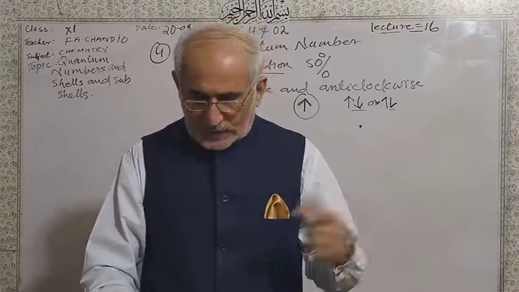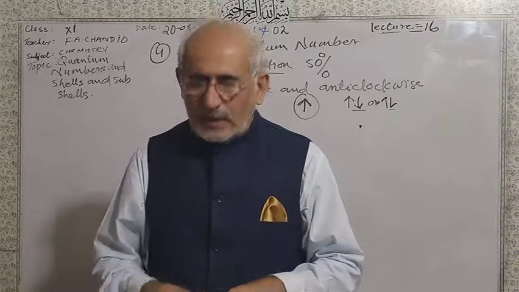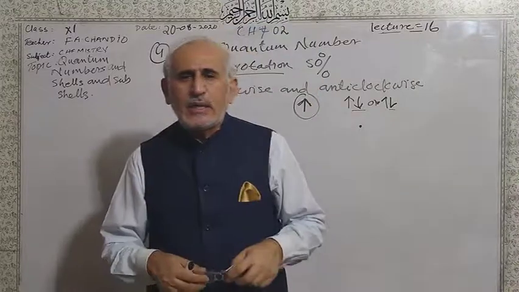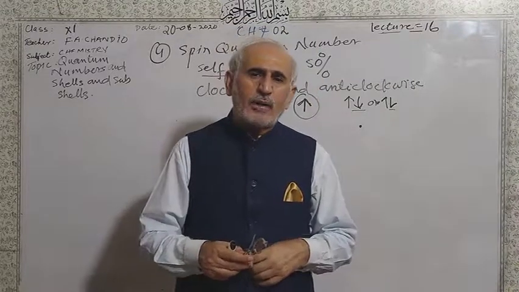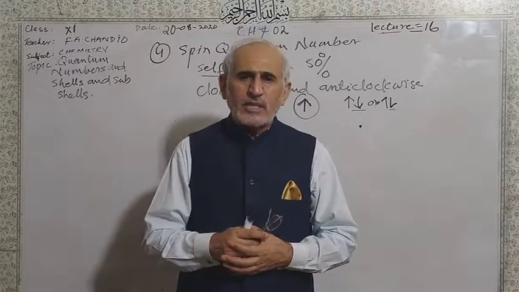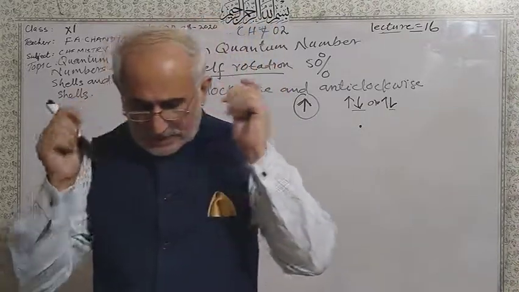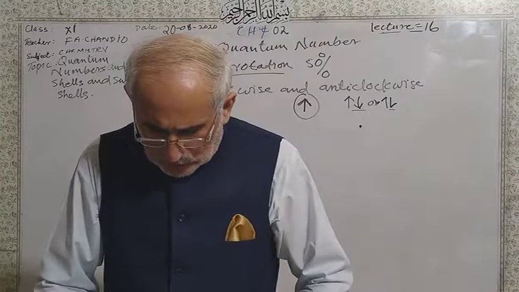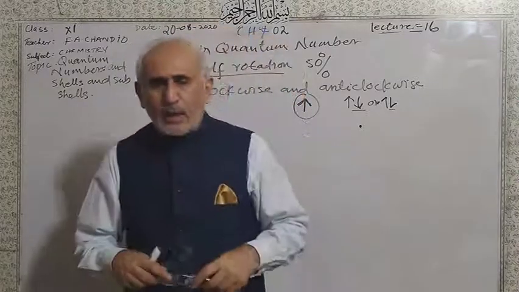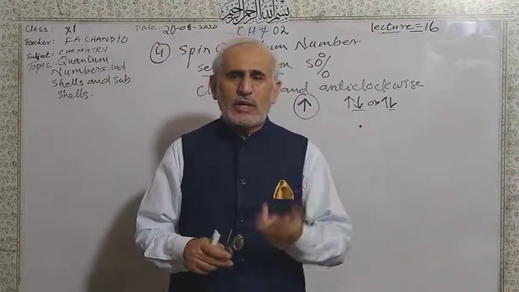orbital. When l is equal to 1, there are 3 degenerate orbitals according to the magnetic quantum number: +1, 0 and -1. These are Px, Py and Pz. When l is equal to 2, m will be -2, -1, 0, +1, +2.